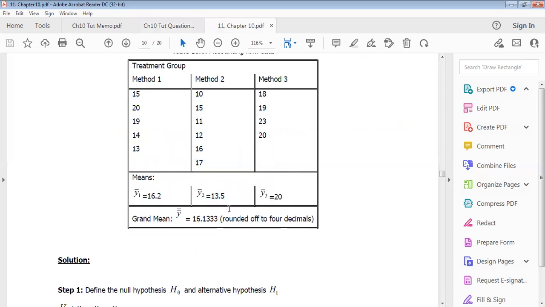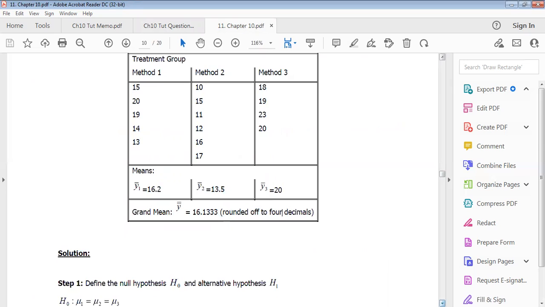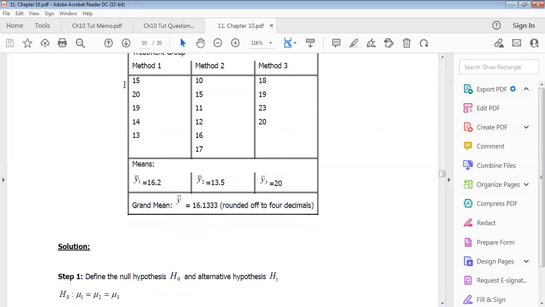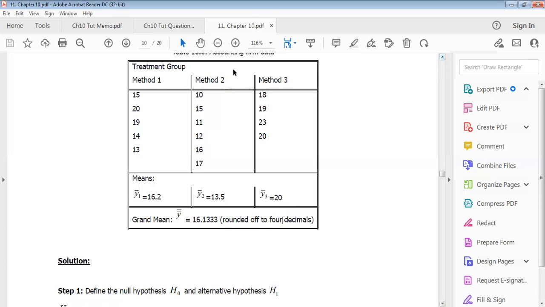So I'm just gonna explain this question, and then I want you guys to try the question for your data. There are 4 steps that you need to do. You are given three variables, method 1, method 2, and method 3, for treatment group. Now you have to find your means first.